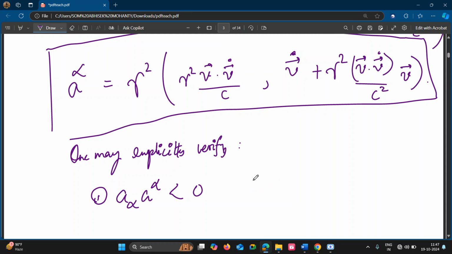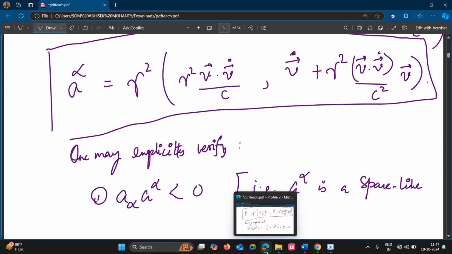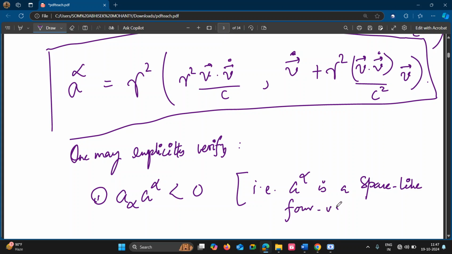That is, a alpha is a space like 4 vector. Space like 4 vector, acceleration 4 vector or anything.